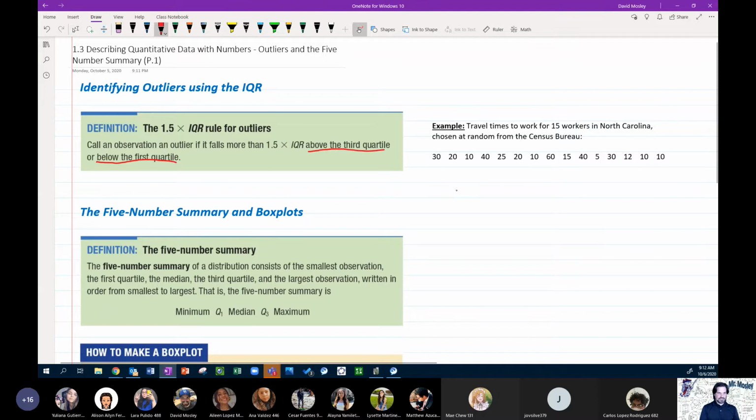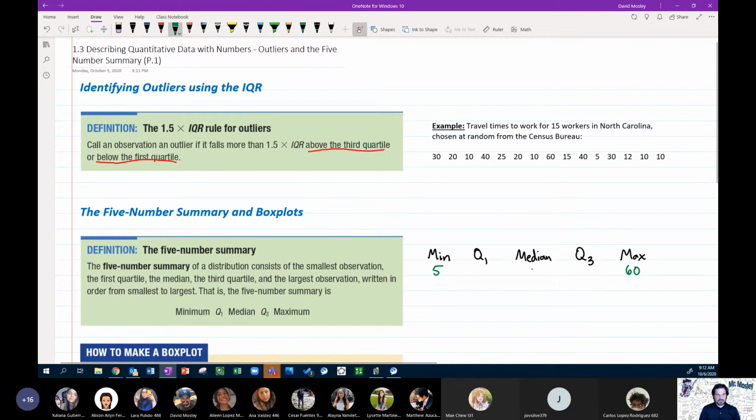And so we're going to look at a few different things here. I'm going to write out our 5-number summary here. We have minimum, Q1, the median, Q3, and the maximum. Our minimum is 5, maximum was 60.